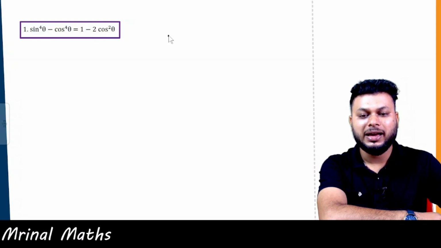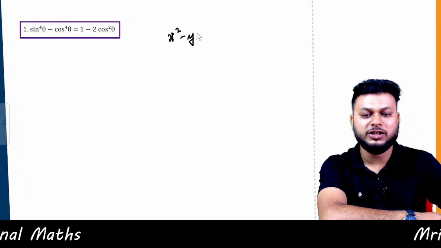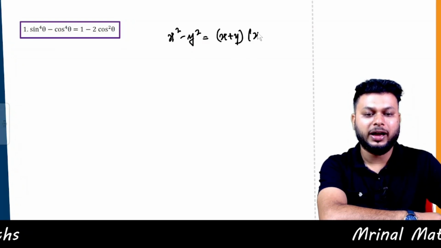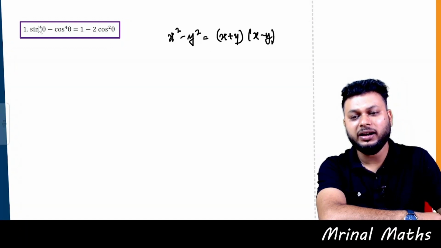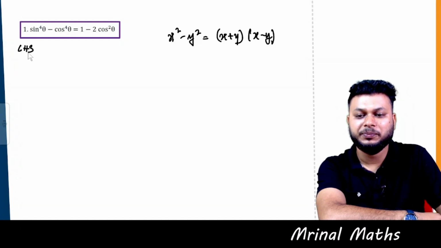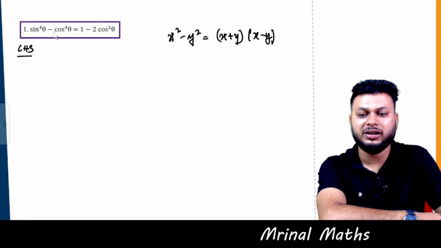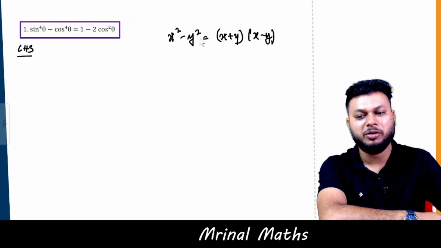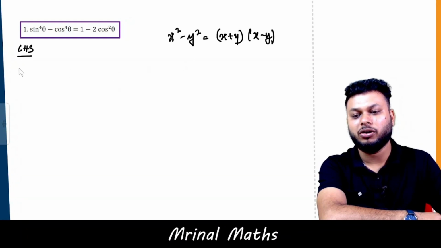We know that x square minus y square is equal to x plus y into x minus y. Here, if you look at the LHS first, which is sine to the power 4 theta minus cos to the power 4 theta, can this be written in the form of x square minus y square? Let's think of it.